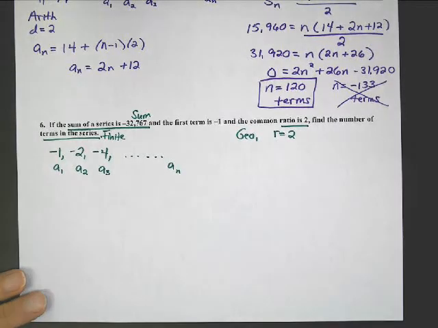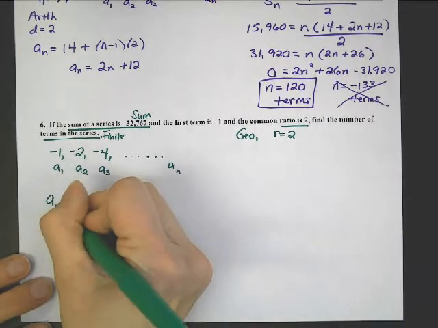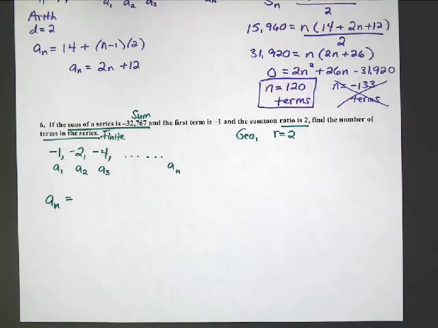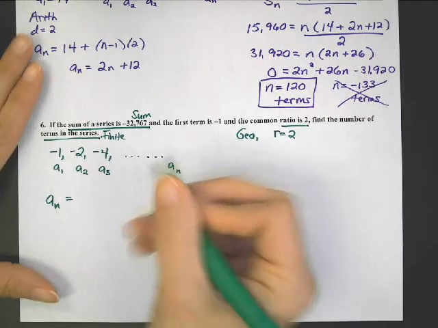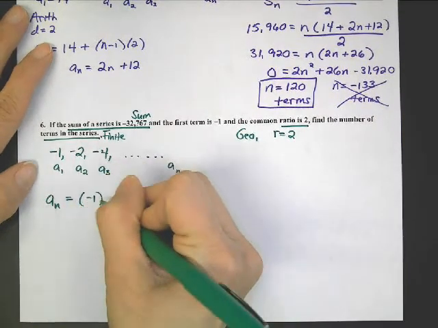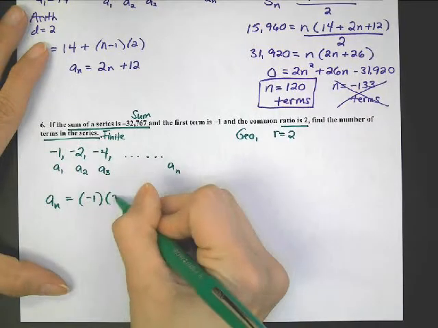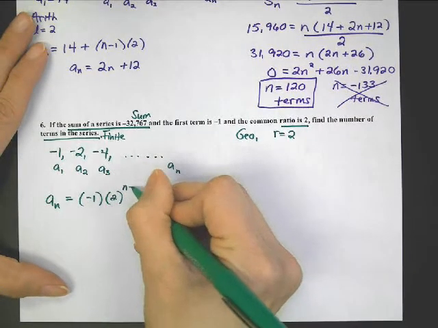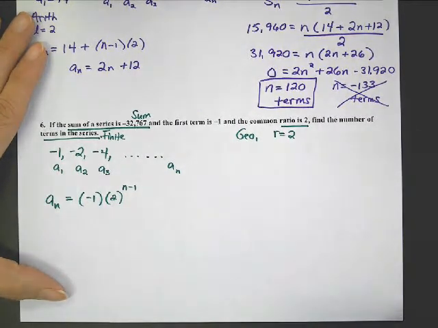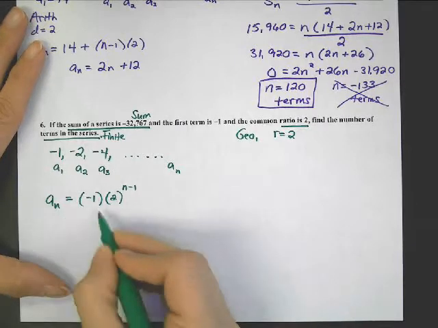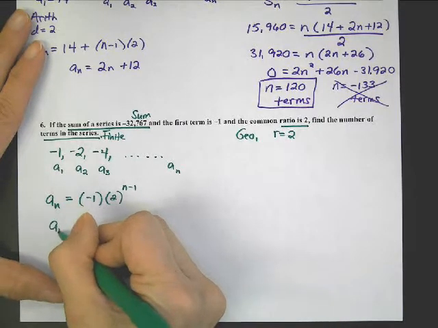I'm going to have to make a formula a sub n for this geometric series. So a sub n equals a1 times r to the power of n minus 1. So I'm going to go ahead and clean this up.